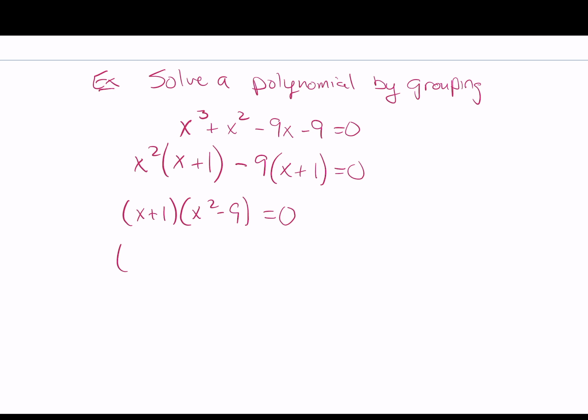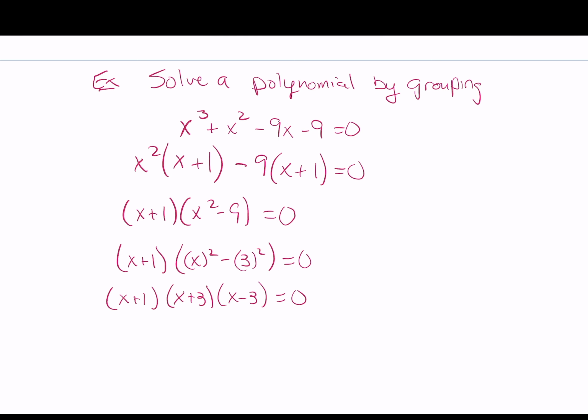Let's rewrite it as x plus 1 times x squared minus 3 squared is equal to 0. Again, 3 squared is 9. So we can rewrite that as x plus 1, x plus 3, x minus 3 equal to 0.